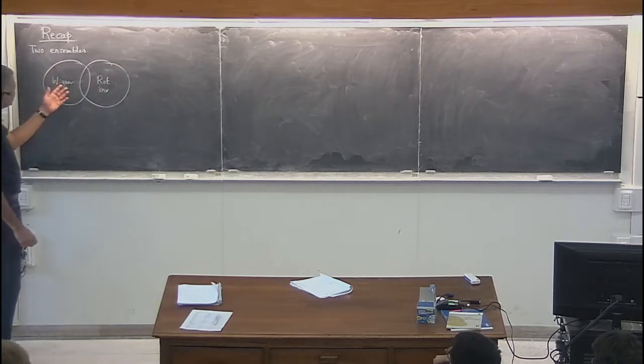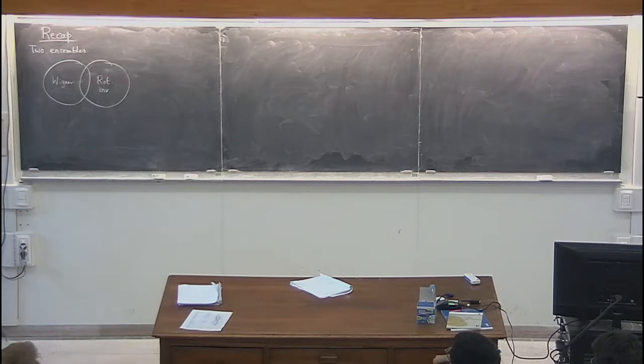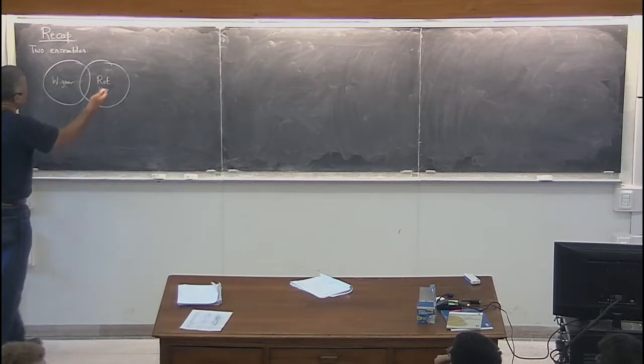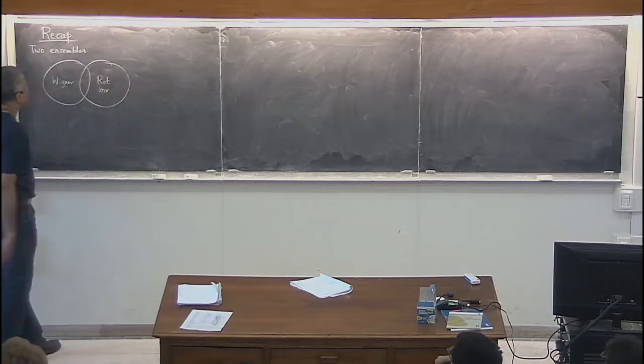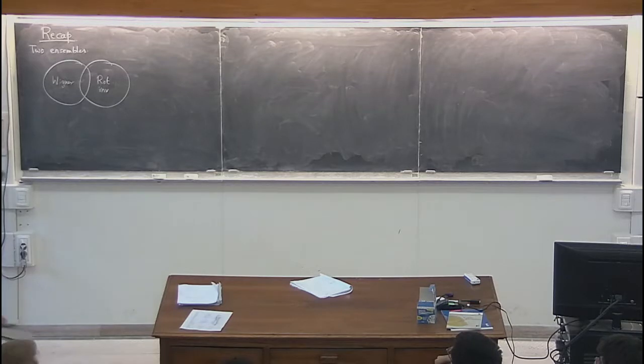Here you choose the entries of your matrices as completely independent random variables drawn from some distribution, and in this second case, you choose the distribution of the entries such that it's invariant under an orthogonal transformation.